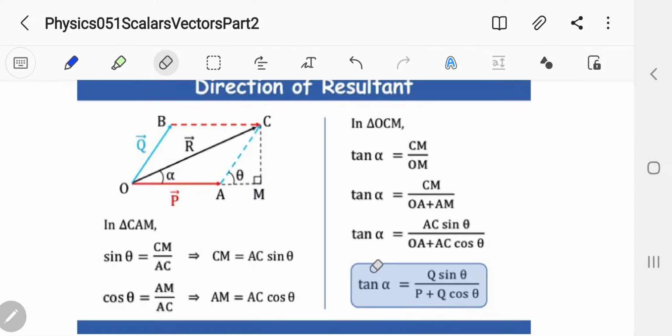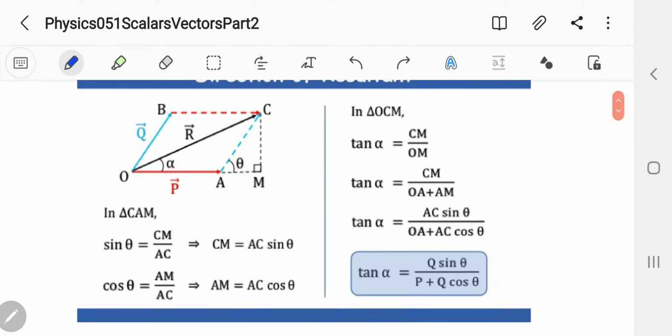Alpha can be derived using this, or you can follow the calculation. Alpha is just equal to the tangent inverse of q sine theta, where theta is the angle between q and p, over p plus q cosine theta.